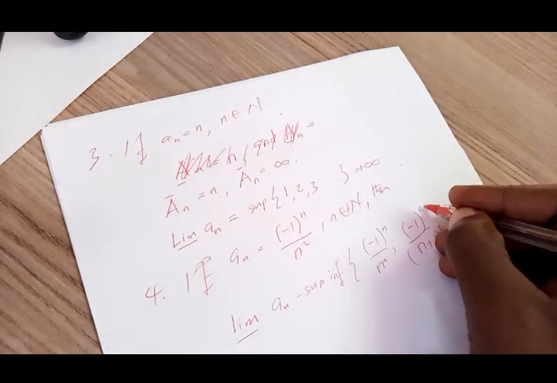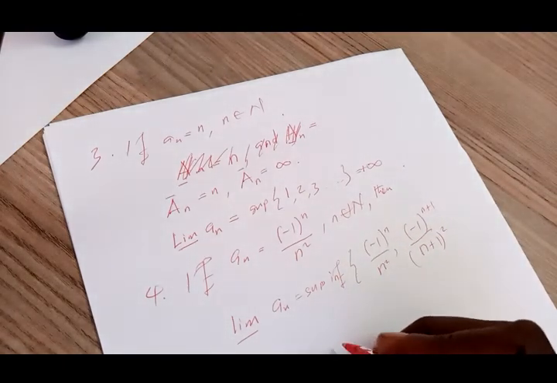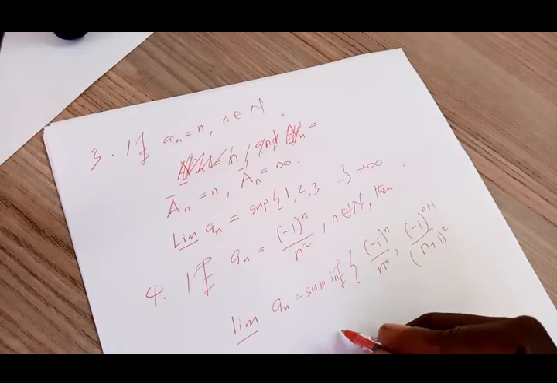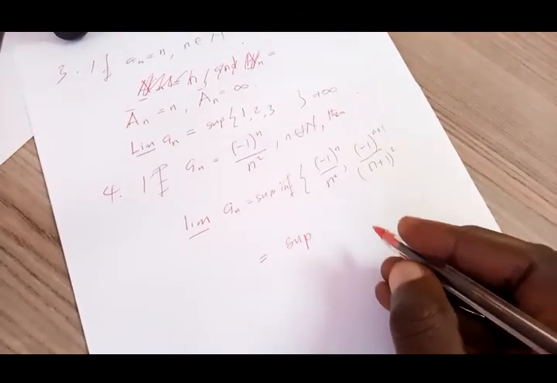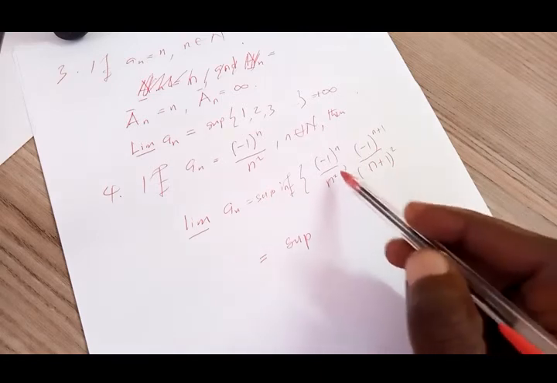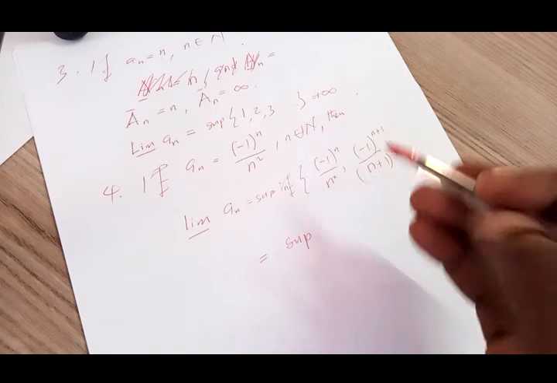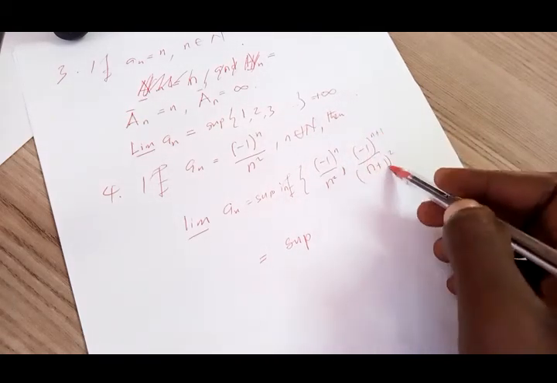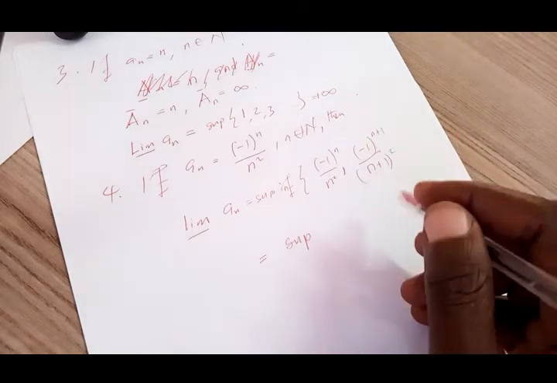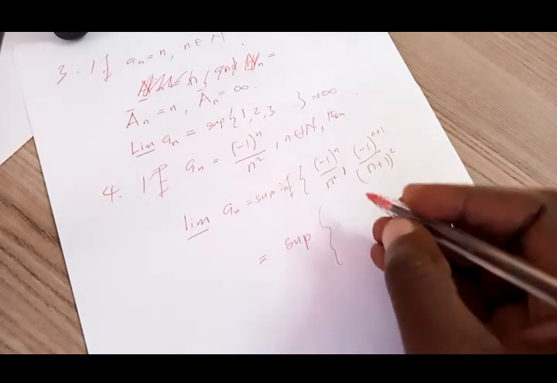This one will be n plus 1. So in short, what are we looking at here? This is giving us the sup. So we have got this result, and now from it we have these two possibilities.